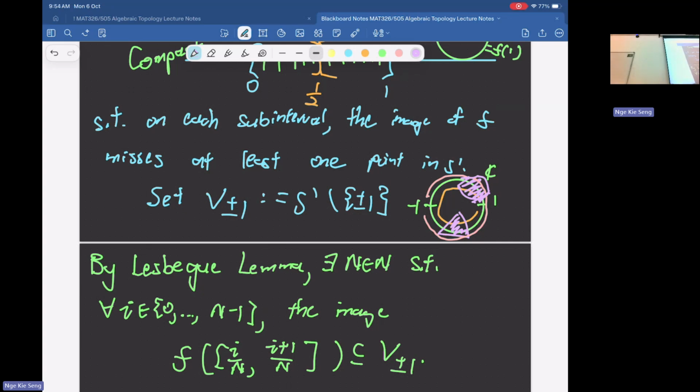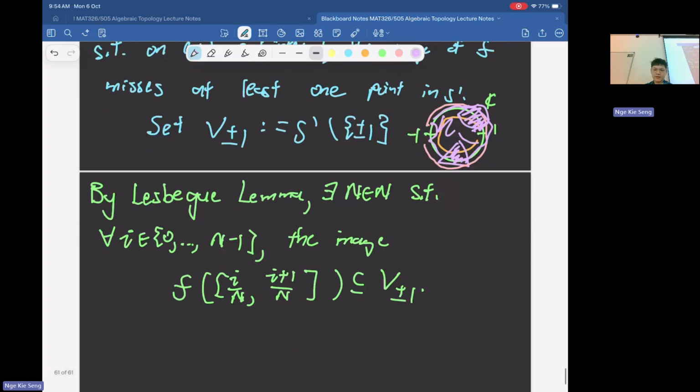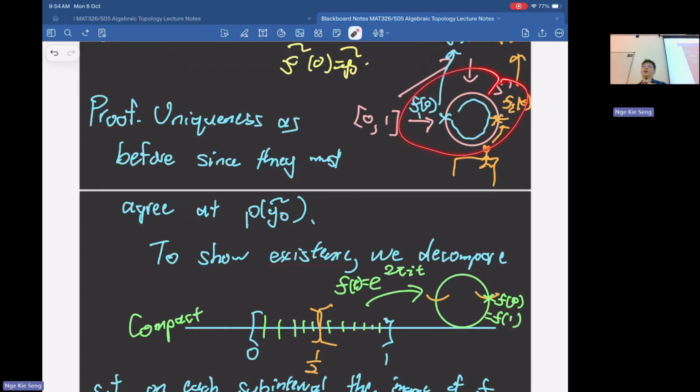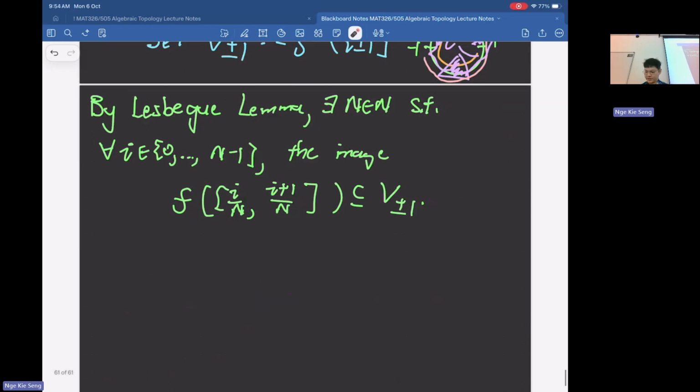If you live in one of the open sets, you must miss at least one point, because the largest you can be is everything else. This is how we chop precisely. It's not just by saying I think I can chop because this example seems so. No, it is compactness that helps you chop it up.